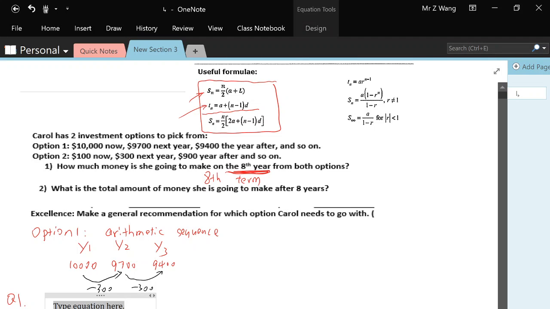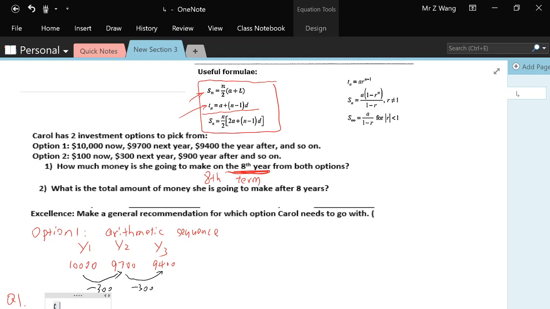Okay, so let's copy down the formula. You write like this. T8, we're figuring out the 8th term, which means the 8th year. T_n equals A plus (n minus 1)d.